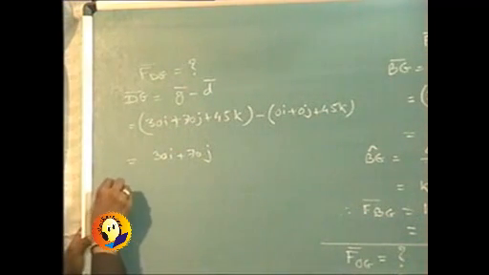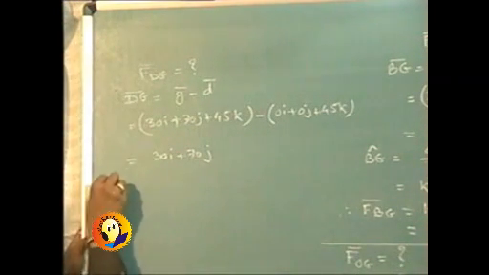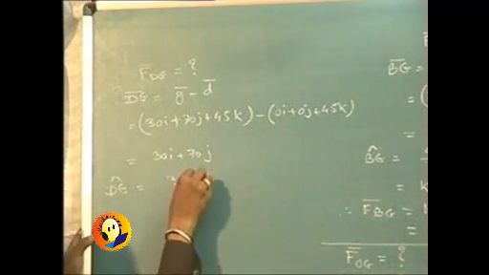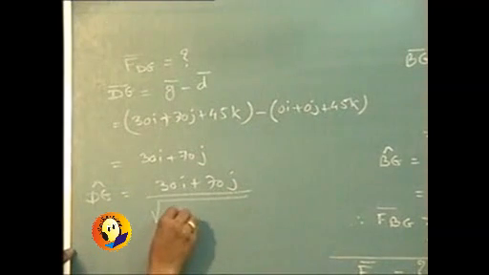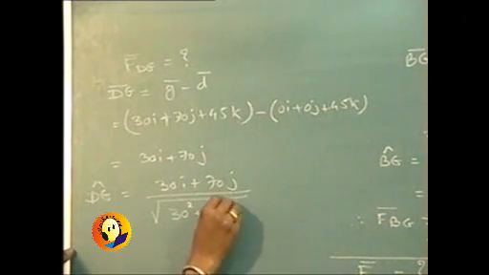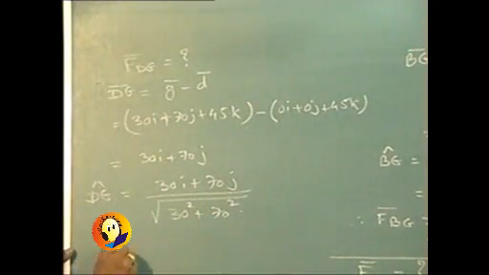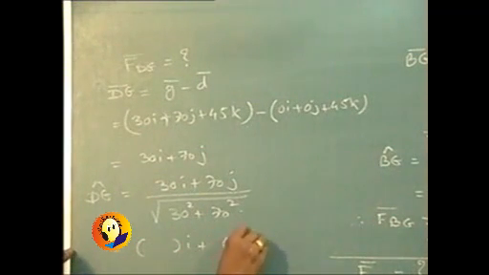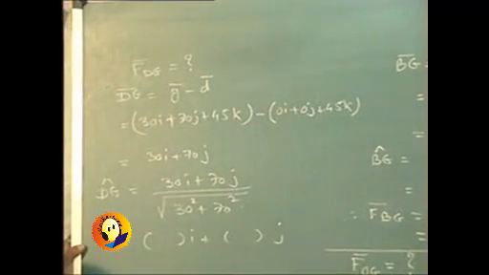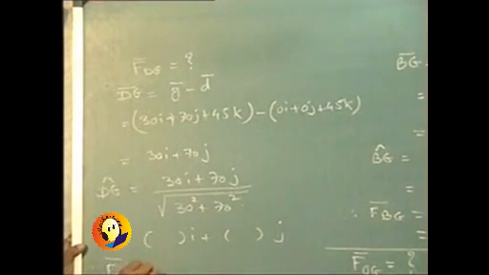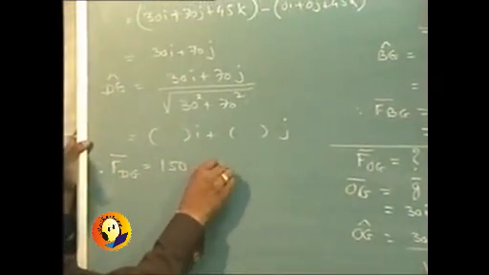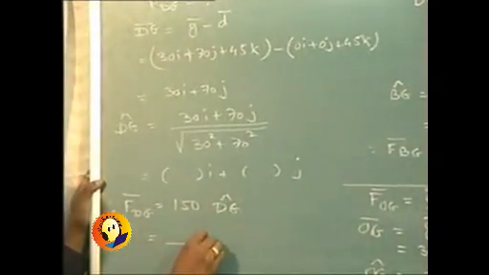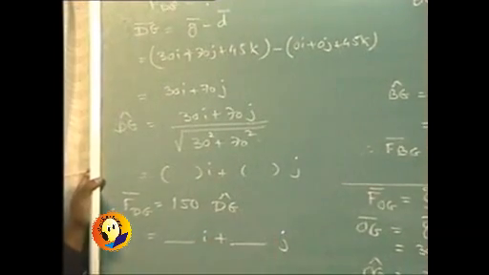If we find DG cap directly, it will be 30i plus 70j upon square root of 30 squared plus 70 squared, which will be some value into i plus some value into j. And therefore F_DG bar will be magnitude, that is 150, into DG cap. So it will be some value i plus some value j.